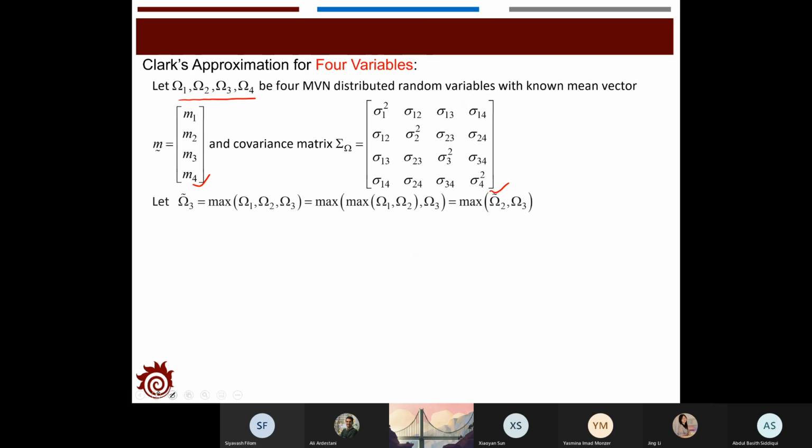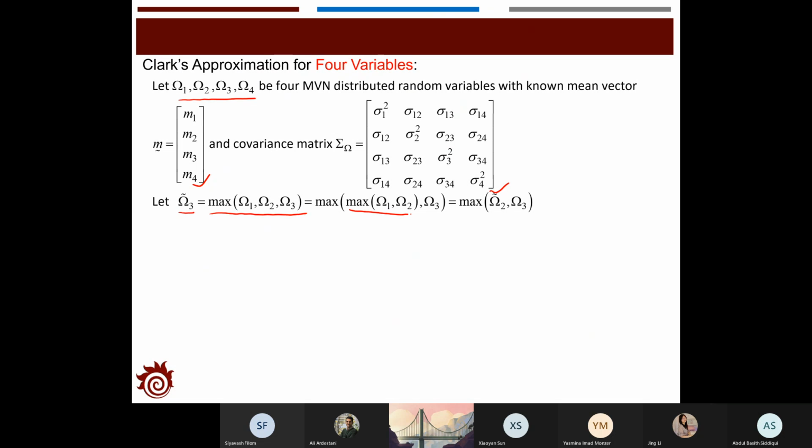Then we can try to find out what's the distribution of the maximum value for these 4 variables. So we first assume that there's a variable omega 3 tilde, which is the maximum of omega 1, omega 2, and omega 3. And this one can be modified as the maximum of omega 1.